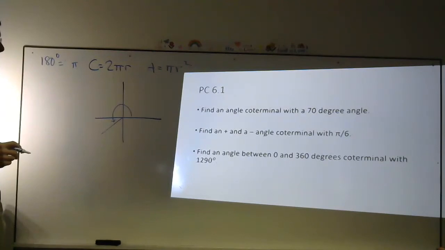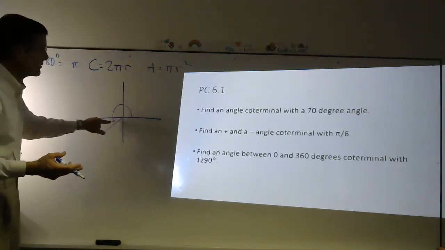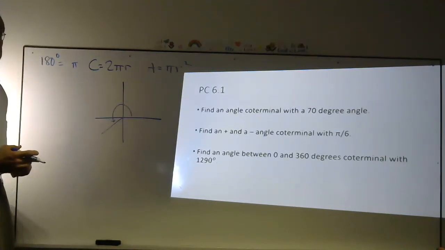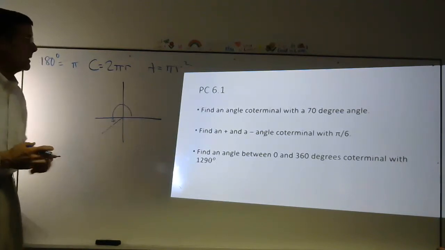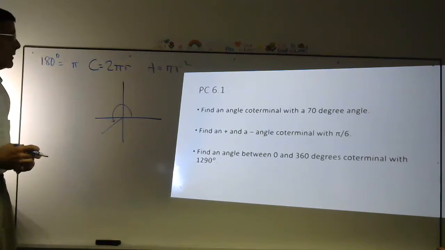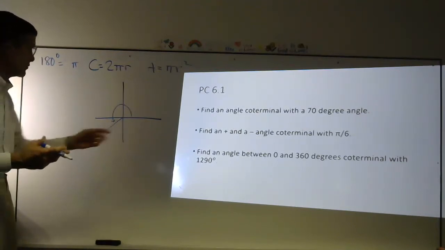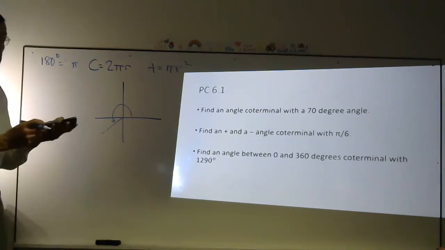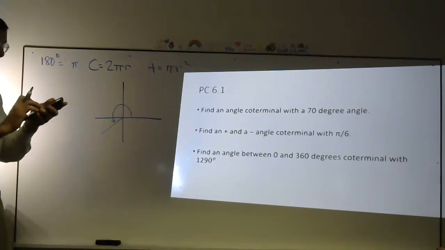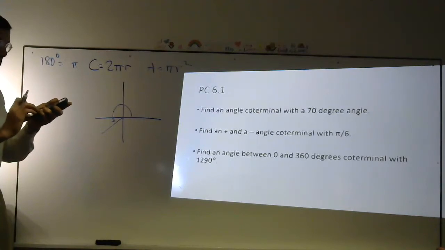So how can I find an angle between 0 and 360 coterminal with that? Well, didn't we say it was 210? So 210 degrees should be coterminal with 1290. Another way to do it is start with 1290 and just keep subtracting 360 until you can't go any longer.